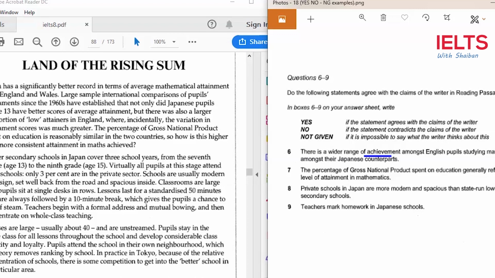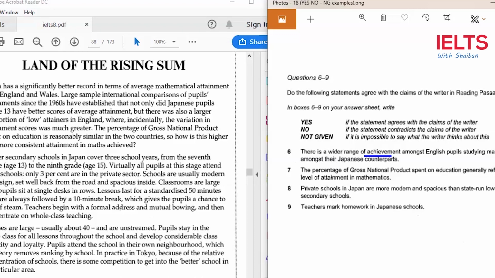So for question 6, we have to check here, achievement. Again, we search for the word achievement. Then he talks about the attainment, mathematical attainment. So this is like an achievement. Here, Japan has a significantly better record in terms of average mathematical attainment than England and Wales.